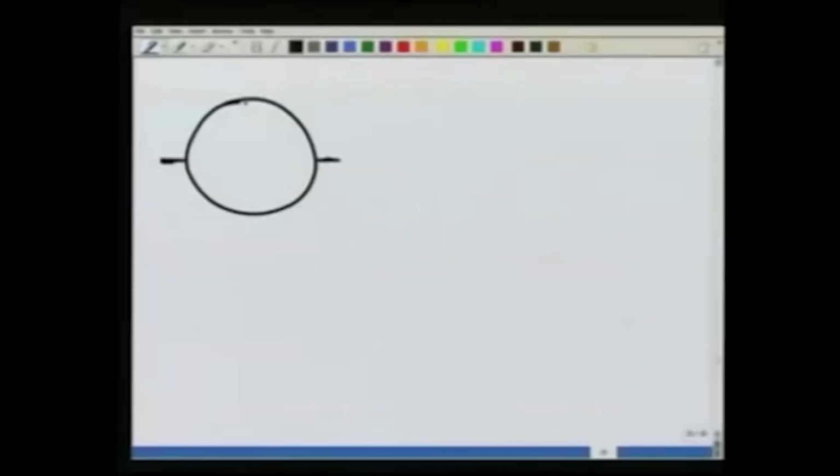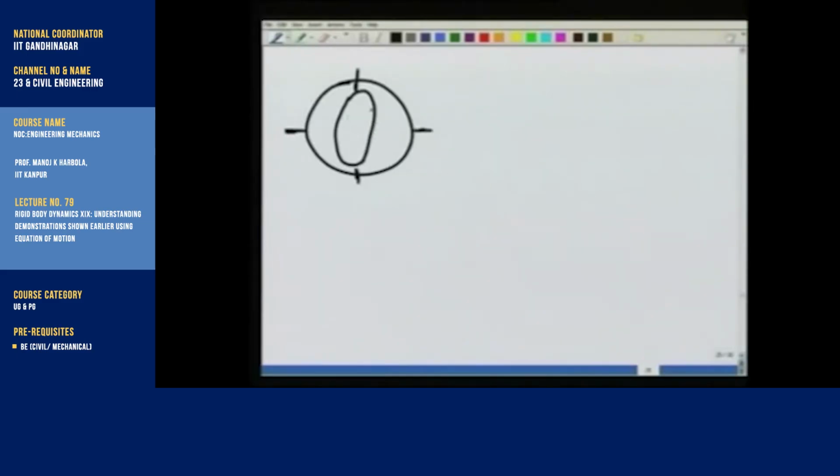What I have is, I will try to make a picture. There is an outer frame like this, which can rotate about the horizontal axis. In this outer frame, there is an inner frame, which can rotate about this vertical axis, and in this inner frame I have a wheel like this.